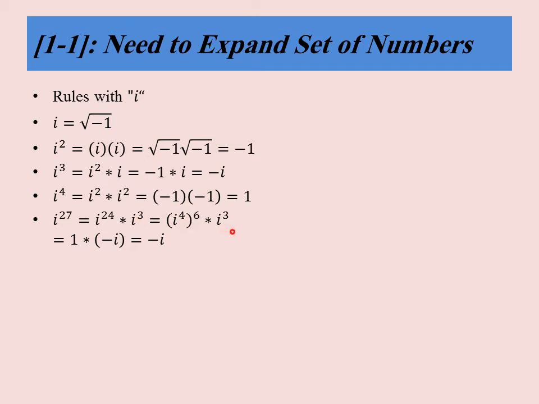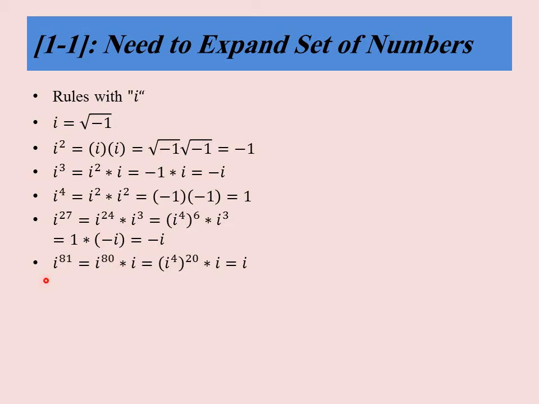And then I will write i cubed. So 4 is the power of i inside parentheses, and this is equal to 1. And 1 to the power 6 gives 1. What about i cubed? I see that i cubed gives -i. So the final answer is 1 multiplied by -i, which is -i.